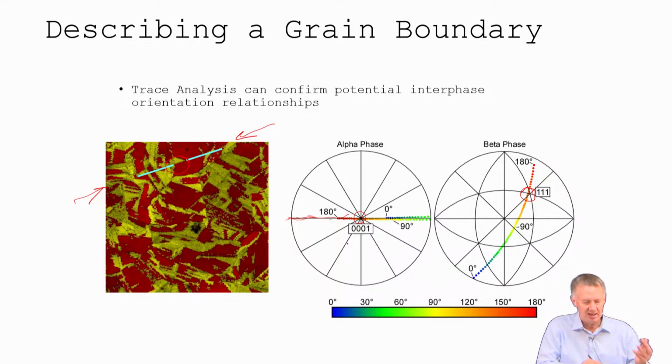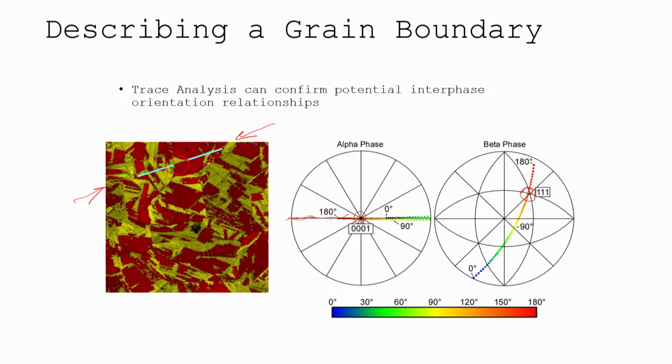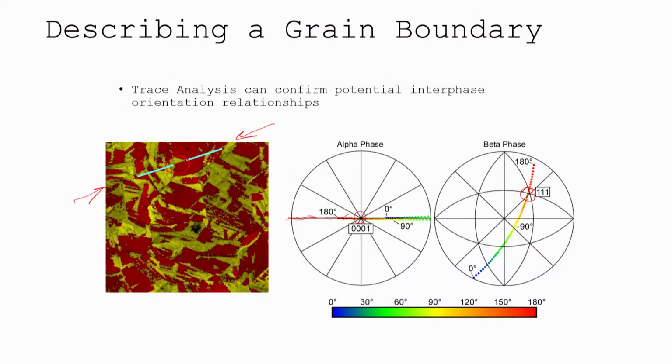So that's what we expect. So if we're transforming from the high temperature FCC phase down into the low temperature HCP phase, then as it starts growing, it's going to grow so that the basal plane is aligned where the FCC 1-1-1 plane used to be. So that's what is being shown here.